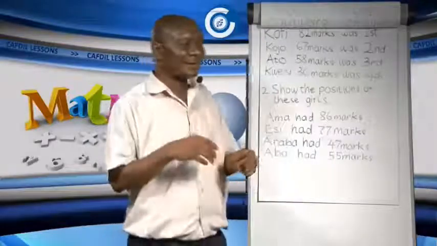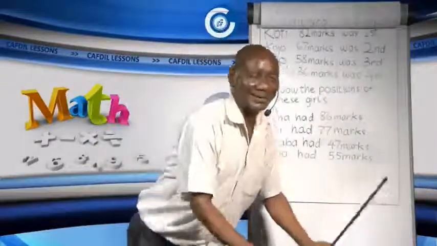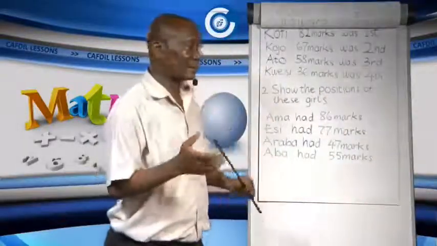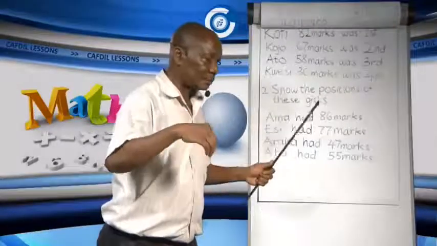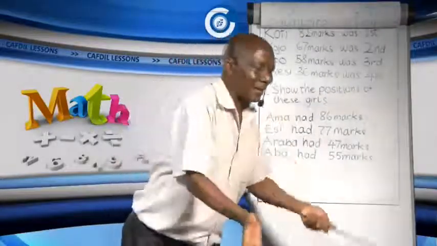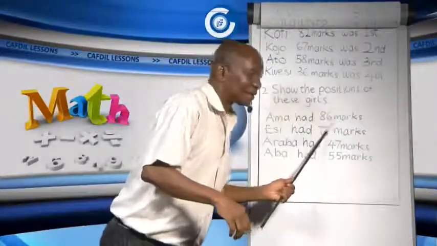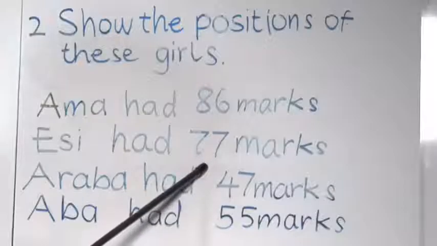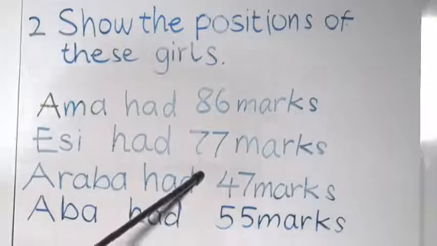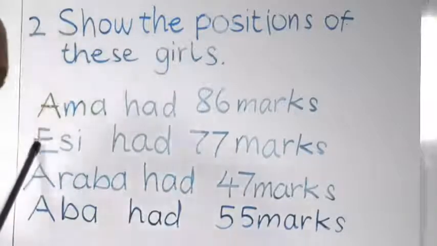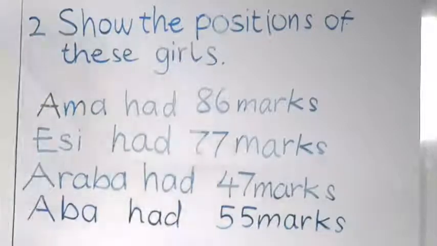Who had the second biggest mark? And what was the mark? 77. And who had that mark? AC. Good.